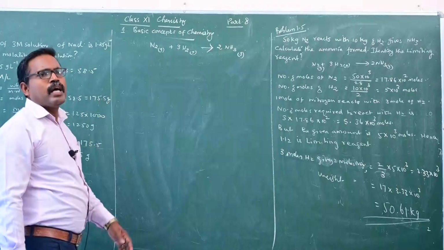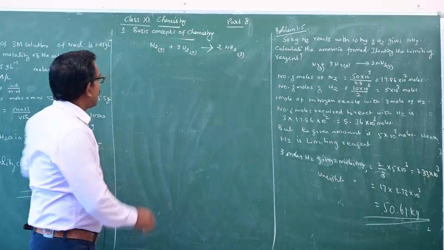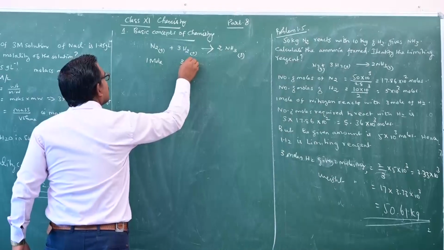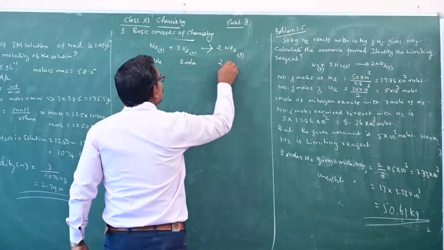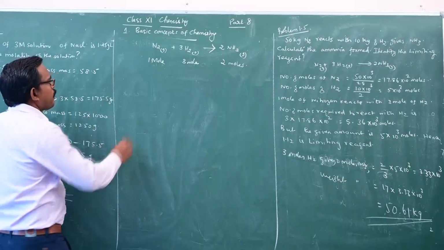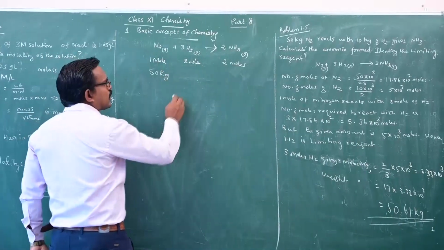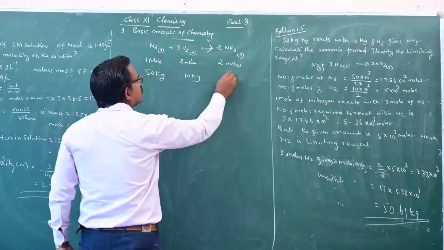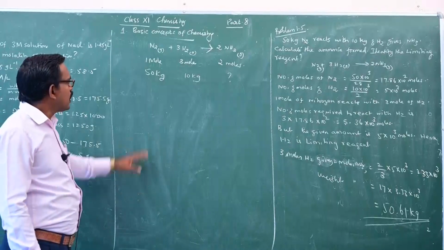This is the overall reaction. In this problem, 50 kilogram of nitrogen reacts with 10 kilogram of hydrogen to form how much ammonia?